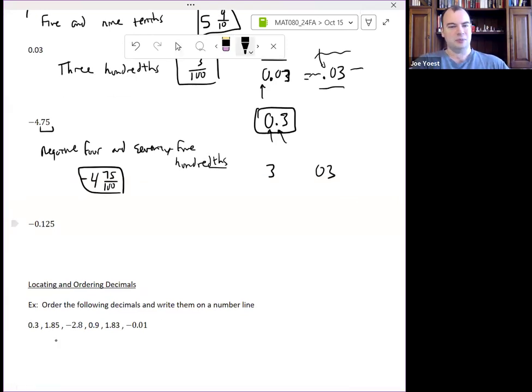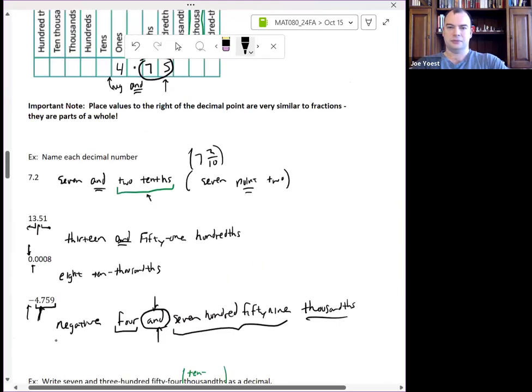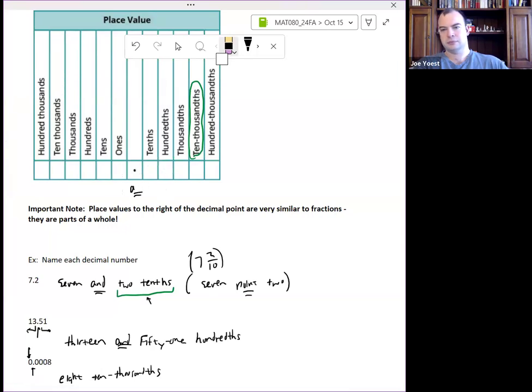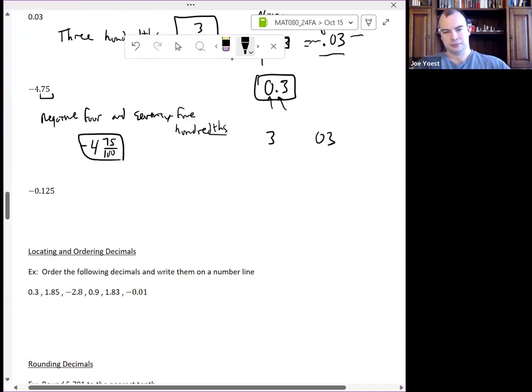Or negative 0.125. Well, this is simply 125 thousandths, one negative.